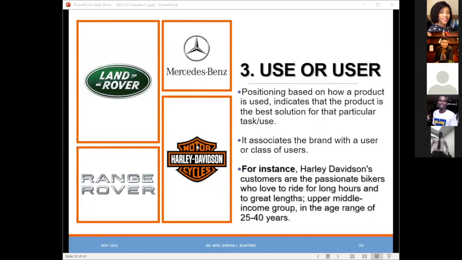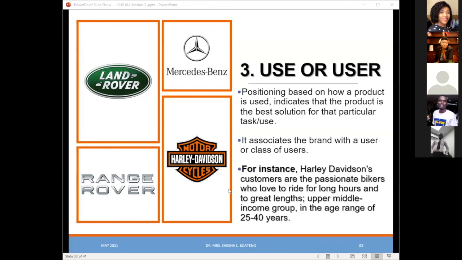Good. Now, beyond quality and price, we can also talk about the use or the user. Lots of brands position themselves based on the kind of usage or users that they are targeting. For instance, brands like Harley-Davidson are targeting passionate bikers who like to ride long distances for long hours, right? And fall within a particular age group.